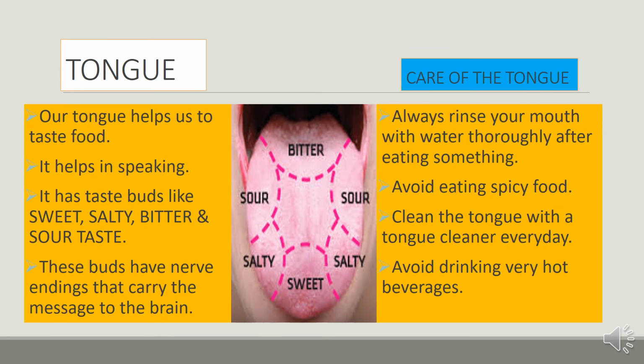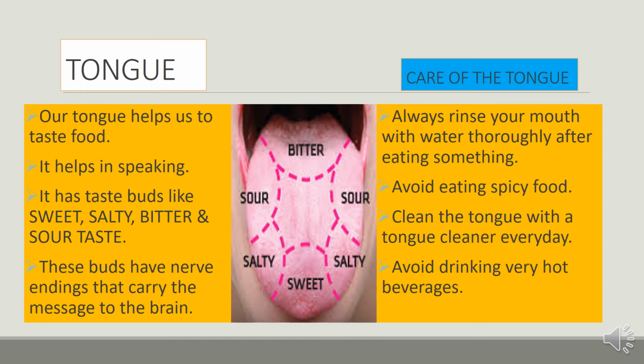The next sense organ is the tongue. We all know that there are taste buds present on the tongue. The tongue helps us to taste the food. We love sweet, we love salty food, we love sour food. How? Because the taste buds are present.